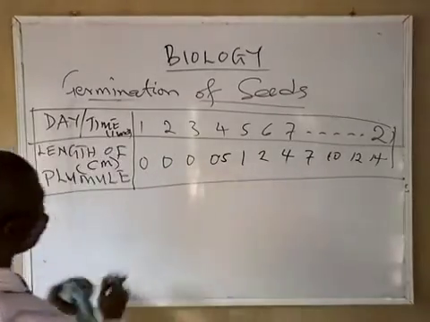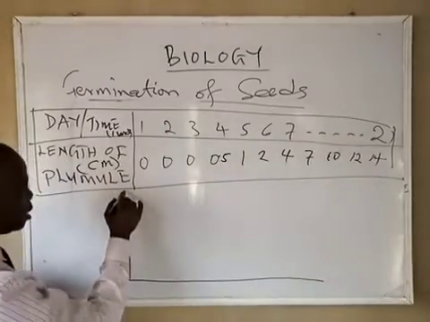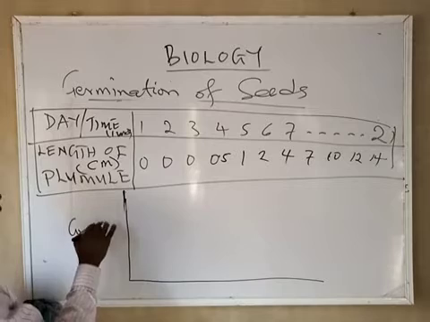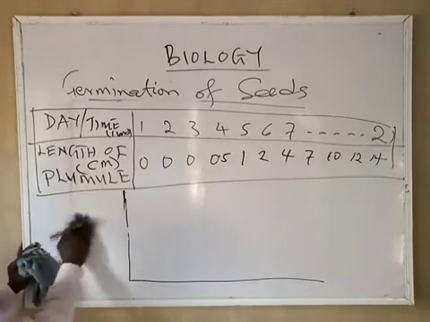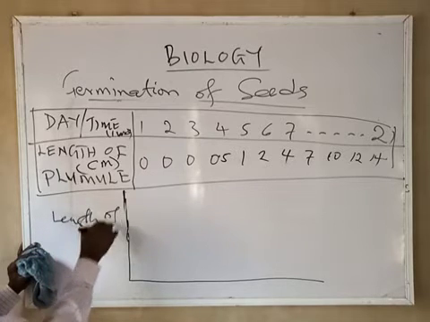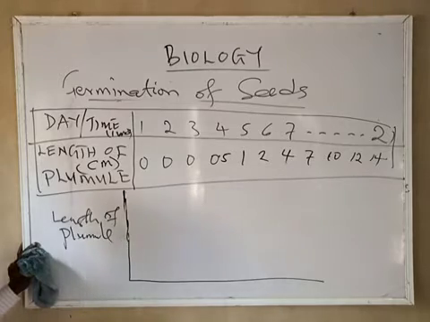So of course, when you have a graph, you will have the growth here, or the length of root or shoot.